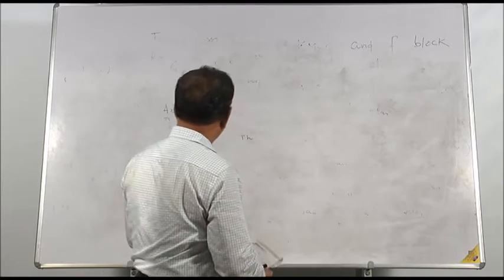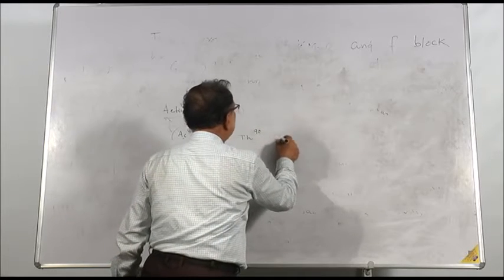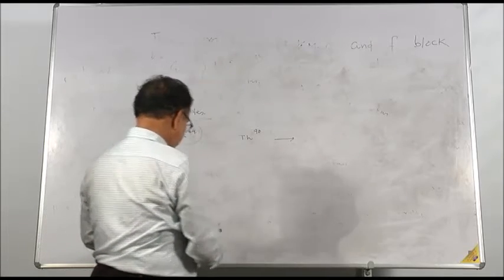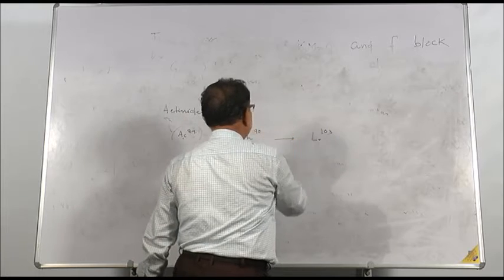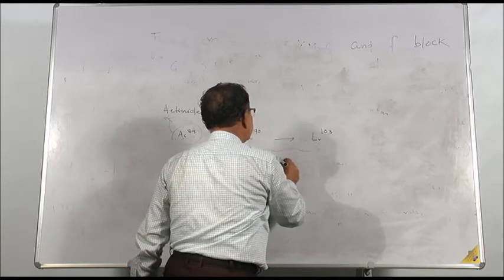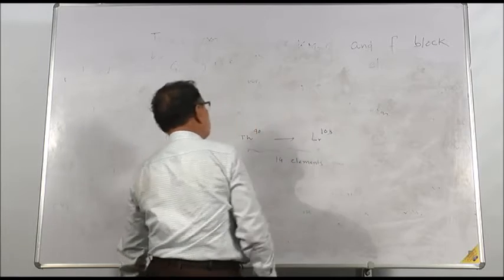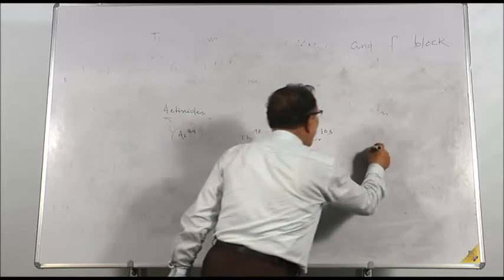The elements begin at 90 with thorium and end at Lr, atomic number 103. So these 14 elements are called actinides.